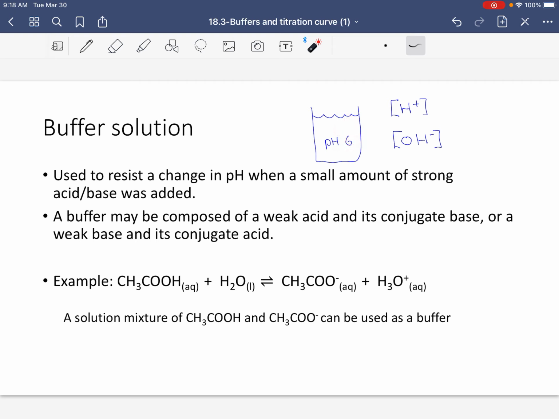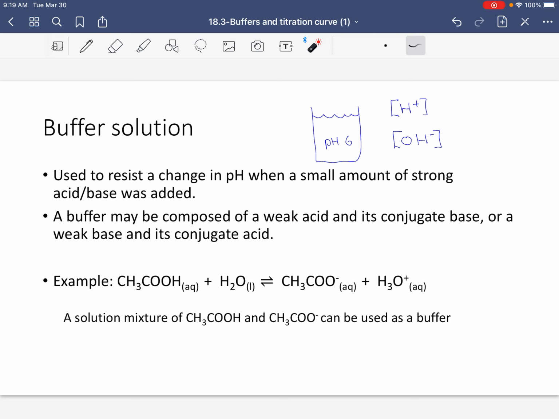So that's the basic idea of what a buffer does, which is to stabilize the pH of an already existing solution. The question is, what is it made out of? Well, it's very simple. A buffer is composed of two components. One component is a weak acid. The second component is the weak acid's conjugate base.